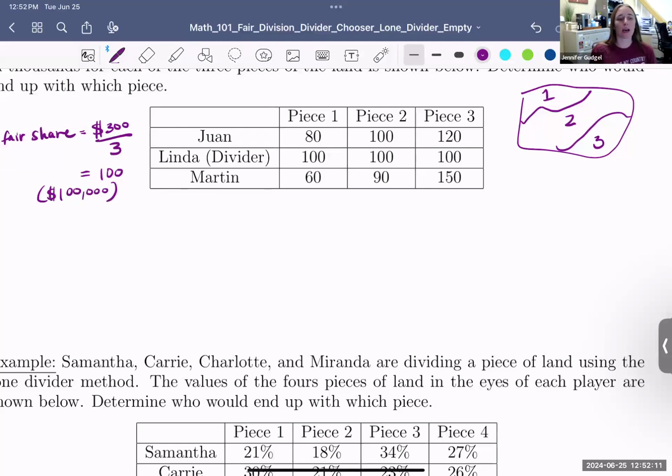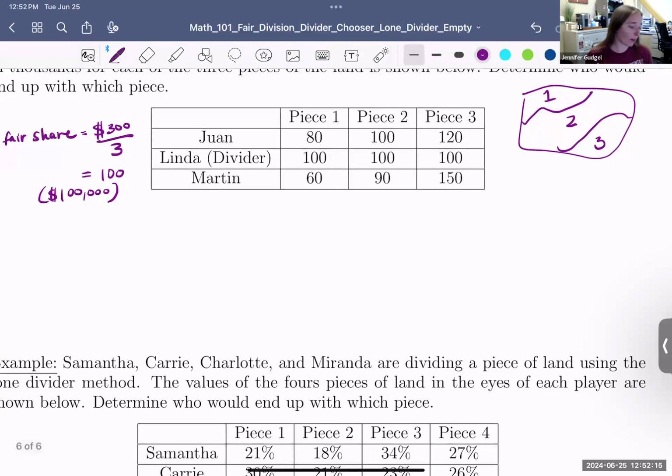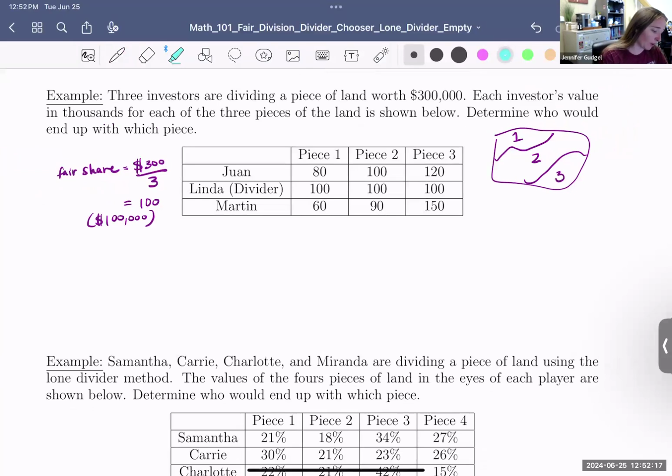And you need to know that because as we're talking about declarations or bids, we're going to note what people feel are fair. Linda is happy with any of the pieces. Juan would only be happy if he got the second piece or the third piece, because the first one is not enough. It's not at least a fair share.